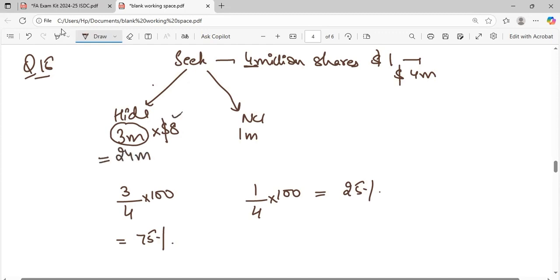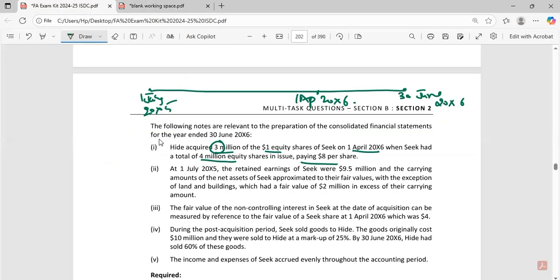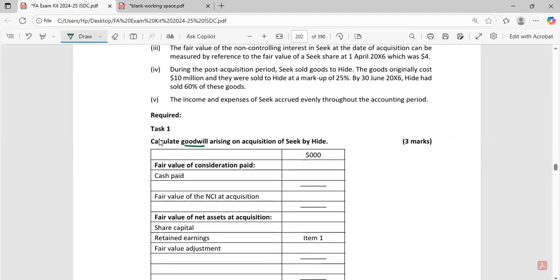Each share is of $8. For every share, they have given $8, and they have acquired 3 million shares, so multiply by 3 million. The answer would be 24 million, right? So over here, in our cash paid, I'm going to write 24,000. 24 million means 24 followed by 6 zeros, but I have to ignore 3 zeros because the question gives figures in thousands.